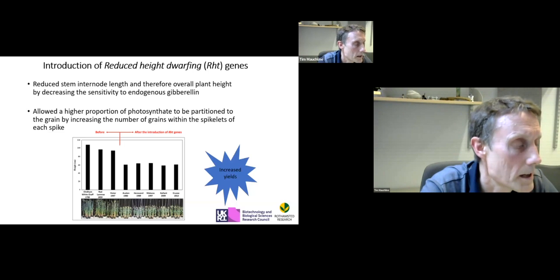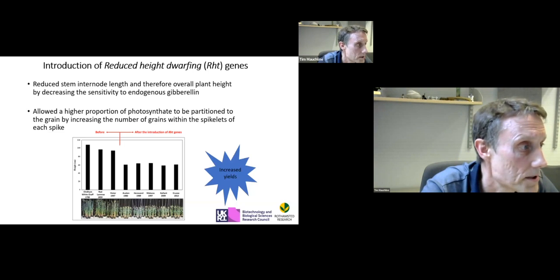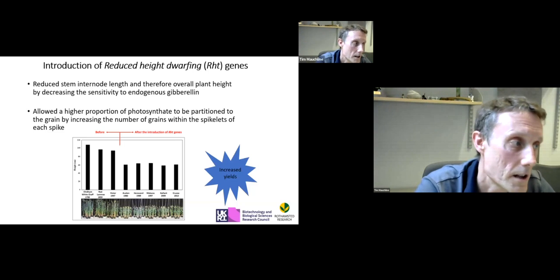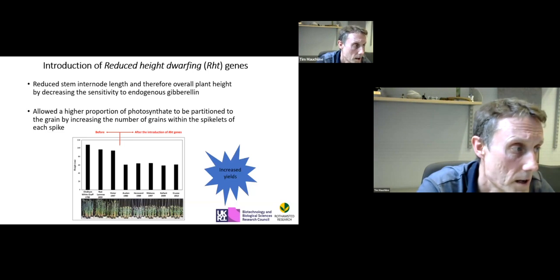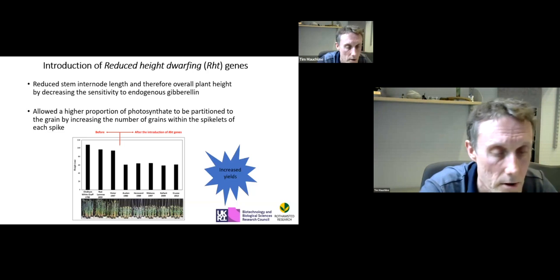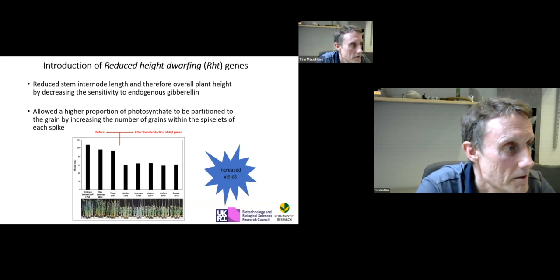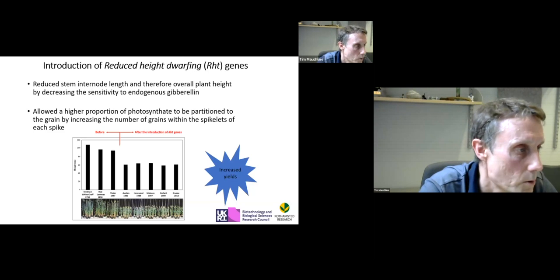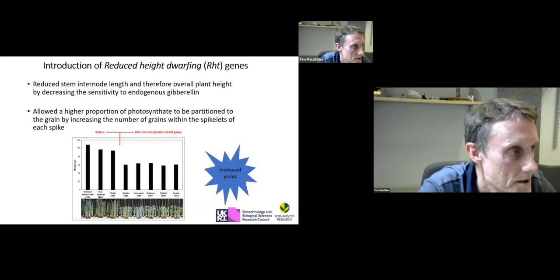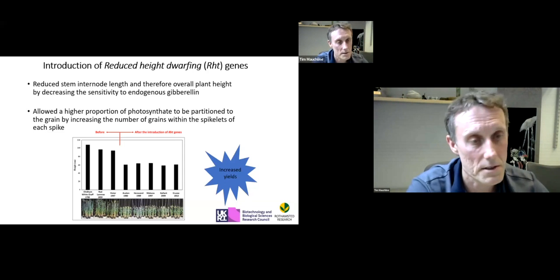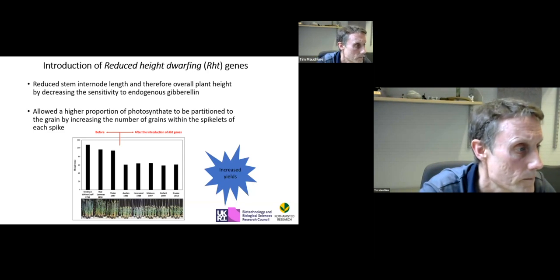What this results in is a reduced stem internode length and generally a smaller, shorter plant with reduced sensitivity to gibberellin. Essentially, the RHT genes that are in the dwarf are resistant to gibberellin, so that suppresses stem elongation.